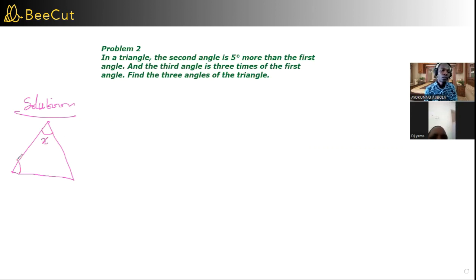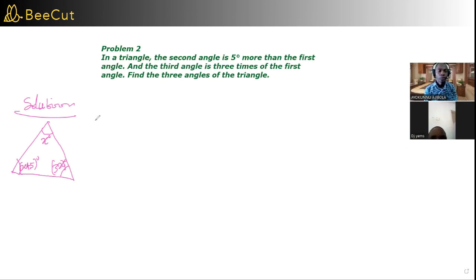But the second angle is 5 degrees more than the first angle. This place must be x plus 5 degrees, while this one is x degrees. And the third angle is 3 times the first angle. That is 3x degrees. The first is x. We just assume it's x, anything. The second is 5 more than the first, and the third is 3 times.